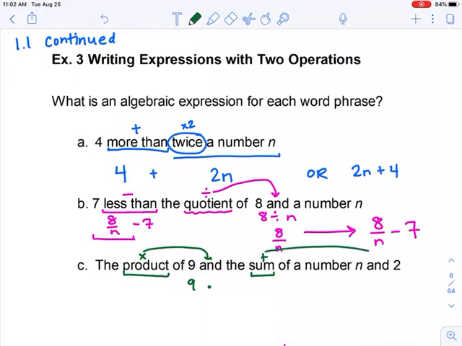So that plus sign is going to go where the word and is. So we have an n plus 2. Well, I have to take 9 and multiply it by the sum of n and 2. I can't just write 9n and then a plus 2. I need to show that this is the answer to the addition problem. That means I'm going to need to put some parentheses around that n plus 2 to show that I'm taking 9 and multiplying it with the n plus 2. So see how you did.